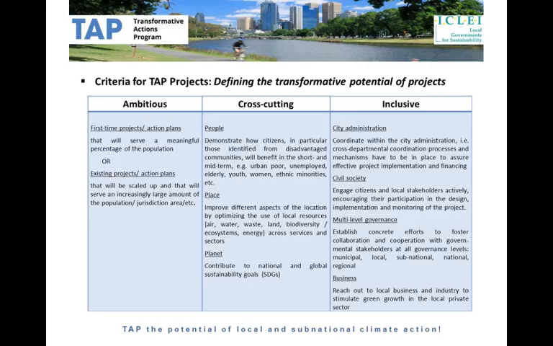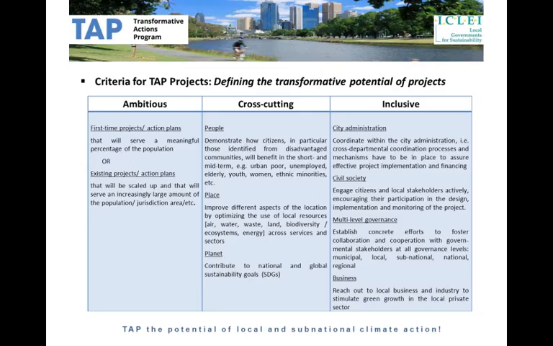TAP applicants should have the potential to transform society. This is the key aspect, and in particular respond to 3 main components of what we call transformative, that is ambitious, cross-cutting, and inclusive.